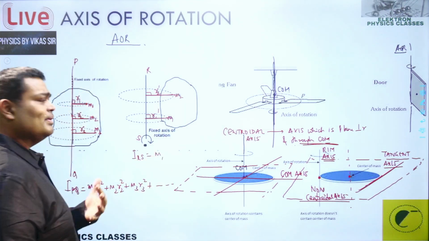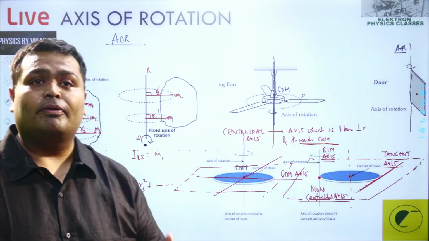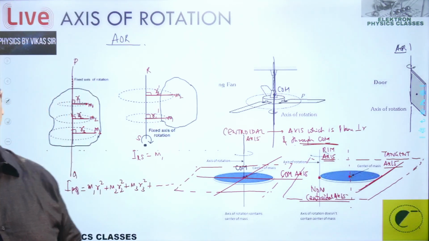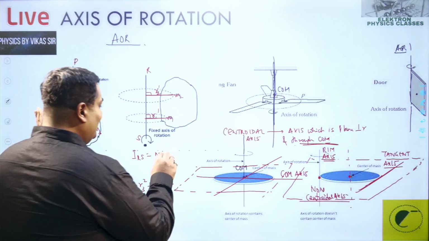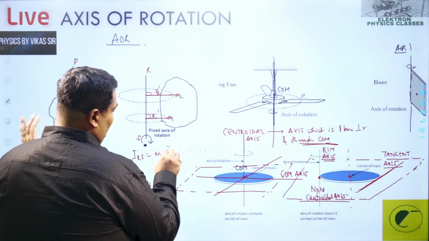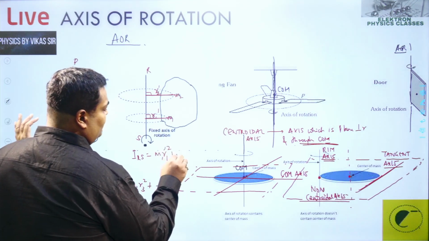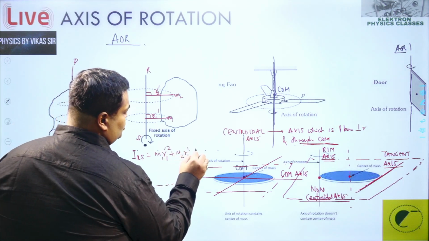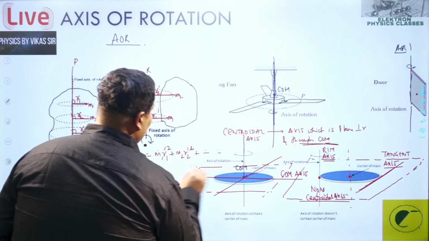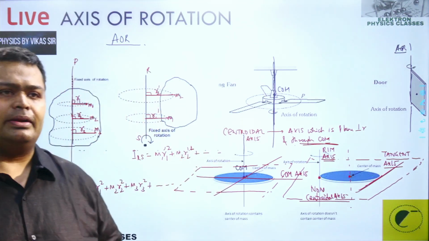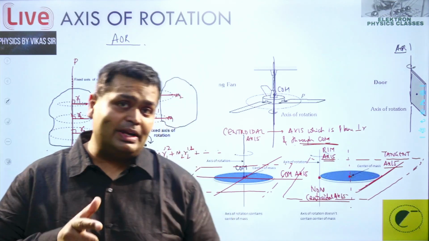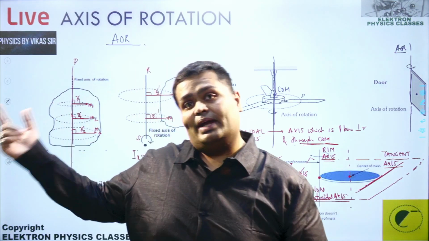See, the mass is the same, the shape of the object is the same, but the axis is different. And therefore the moment of inertia, that is M1 R1 dash square, M2 R2 dash square and so on, turns out to be different; it behaves differently about different axes.